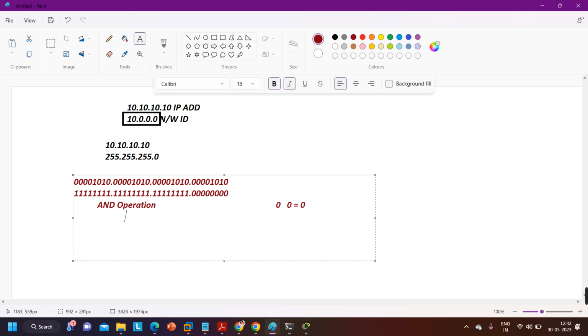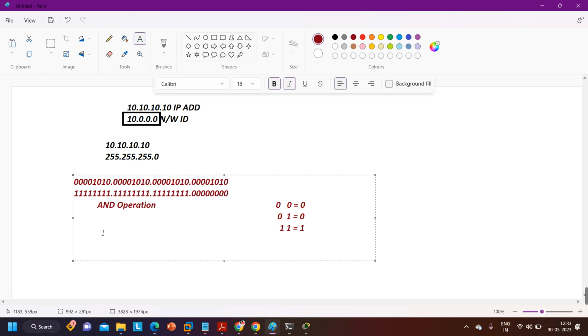If the input is 0, 1, then the output is 0. If the input is 1, 1, the output is 1. Only in one case will the output be 1. So after performing the AND operation, what value will you get here?